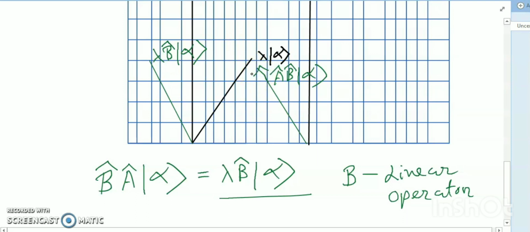In order for it to match the left side, since A scales B alpha, B alpha must be an eigenvector of A with the same eigenvalue lambda.